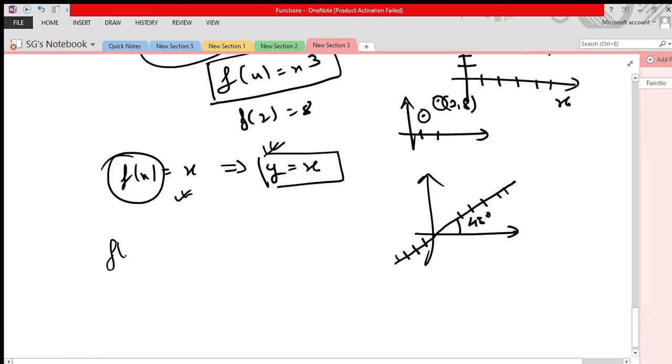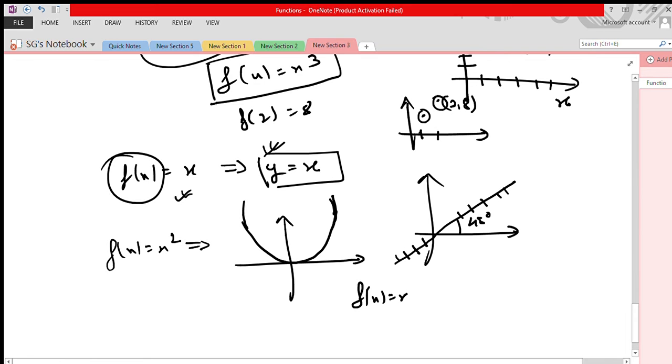For example, if you have f(x) equals x square, you can get your graph like this. Like this. It is more bulged. Got it? For example, if you have f(x) equals x cube, then the graph seems like this. You have numerous graphs.